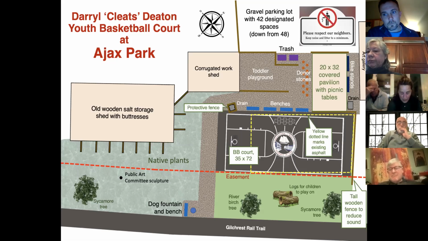Okay. Frank, I admire that, but I think that the important thing too is to go back and see what the community was talking about. Originally, the Pocket Park, the people who wanted to preserve Ajax Park were concerned about a playground. No, you're misunderstanding, because the idea was to take out the basketball court and put a large playground there.